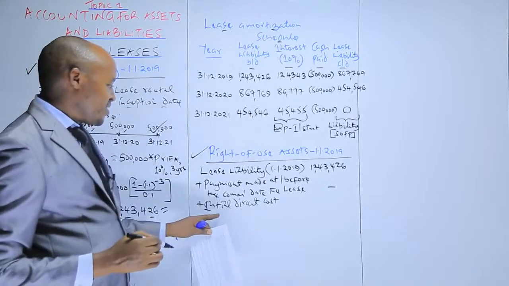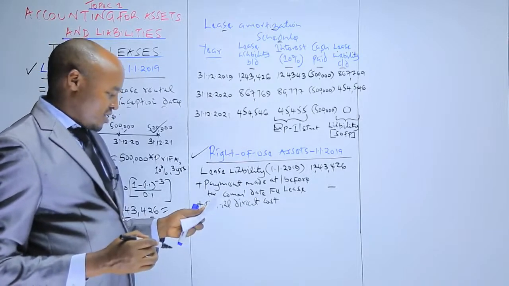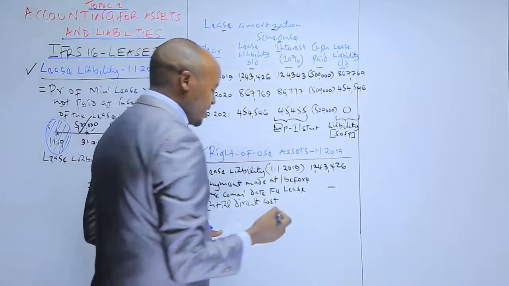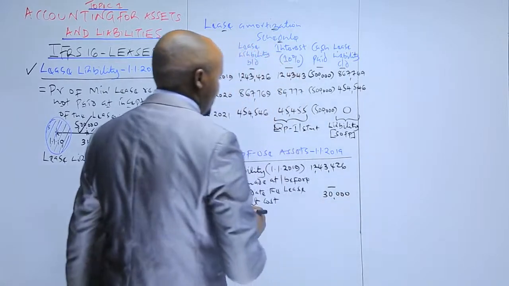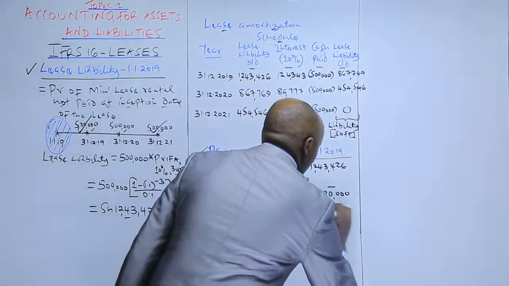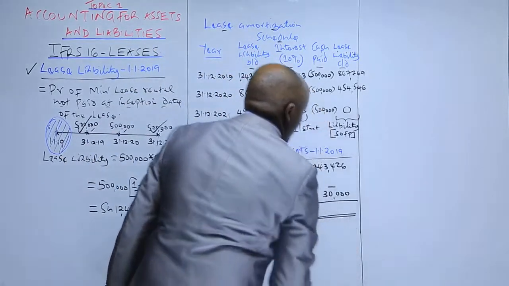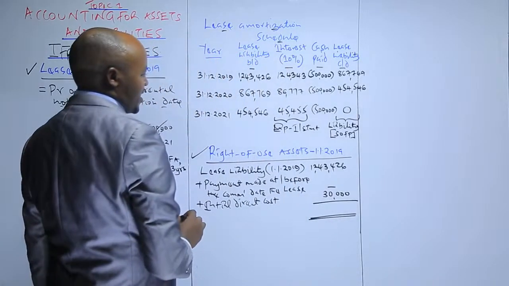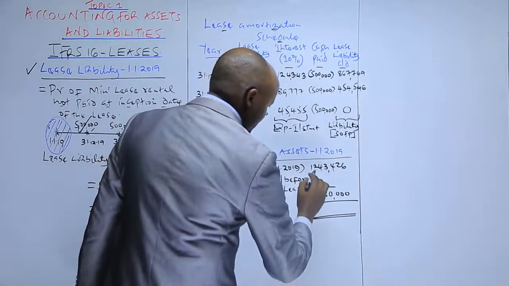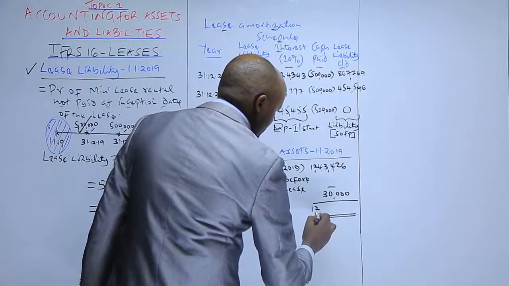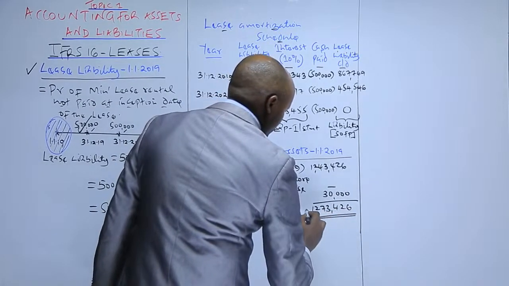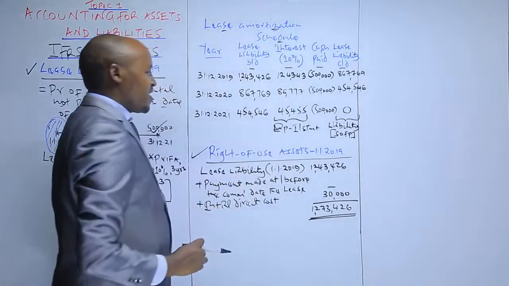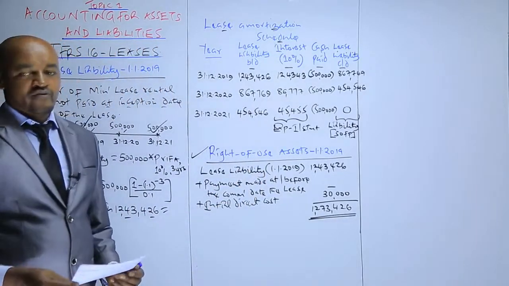So we add it there. Whatever you get here, we refer to as the right of use asset. Adding these two figures gives us 273,426. That is now the right of use asset at the commencement date of the lease.